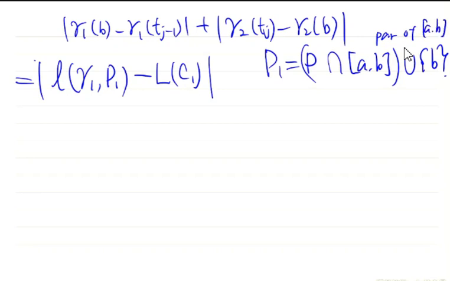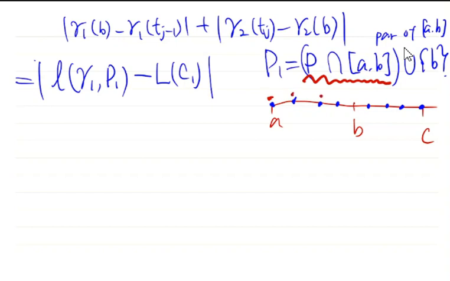How to understand this? This is our interval a, b, c. The blue points are the points in the partition P of the interval [a, c]. Then we take the points in the interval [a, b]. This is what this intersection means.